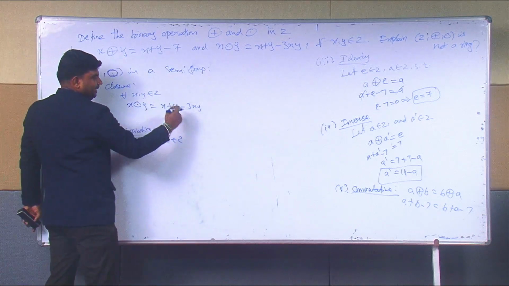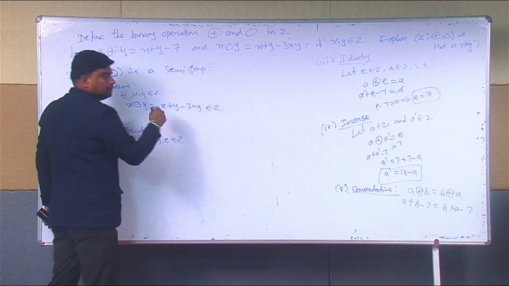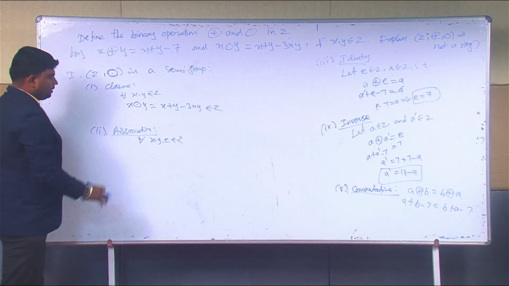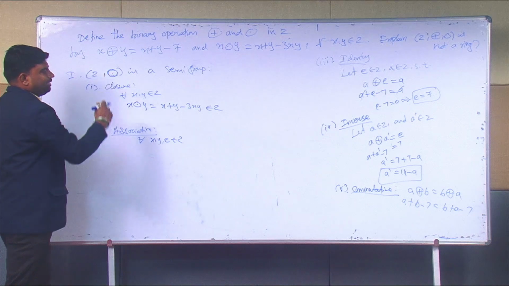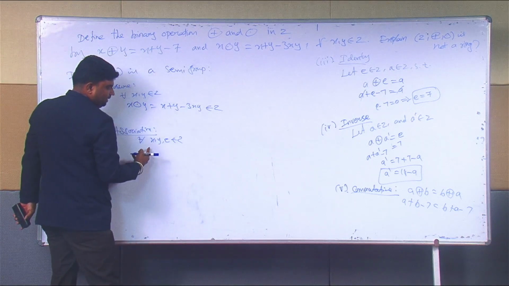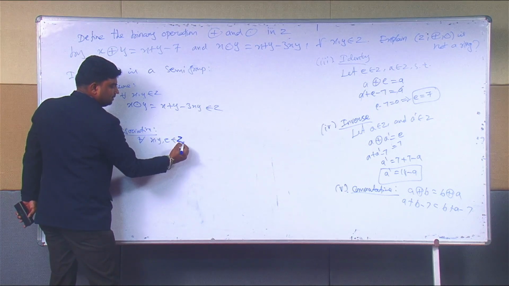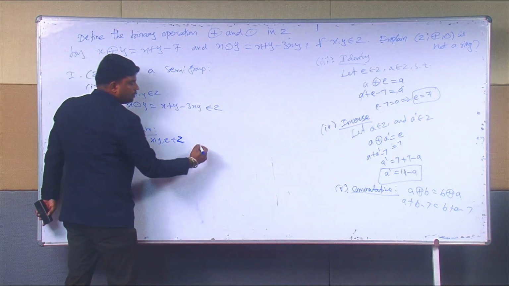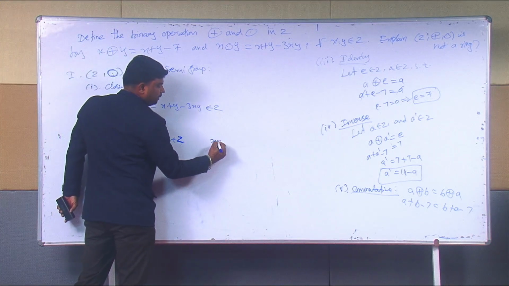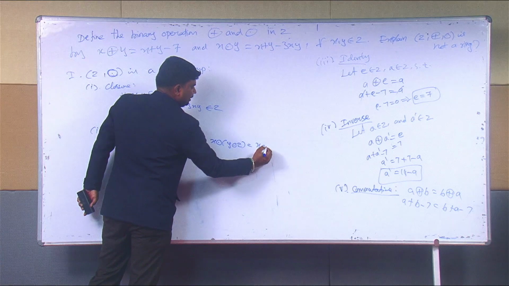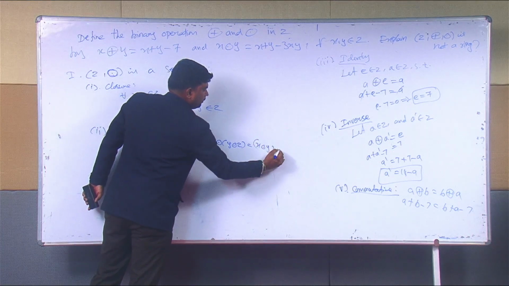So clearly it is an integer that belongs to Z. So closure is satisfied under multiplication modulo. Next, the associative axiom for multiplication modulo, for any three elements x, y, z belongs to Z, where Z is the integers.